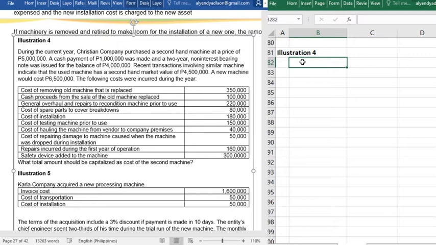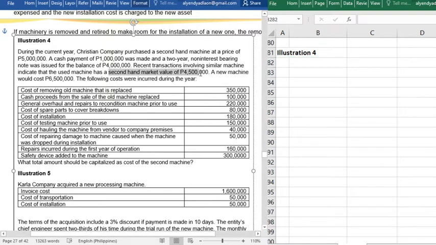Take note of that, that is at its fair value. Now, what are the examples of fair value? We have the example cash price equivalent. Okay? Now, in this case, this is a second-hand machine, and as you can see, there is a given second-hand market value of 4,500,000.